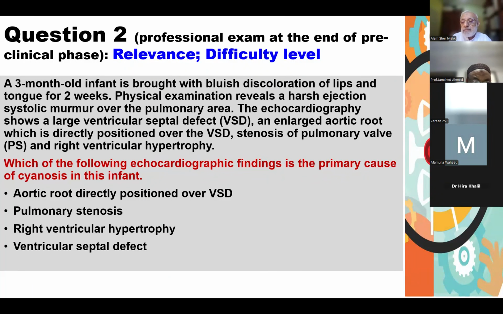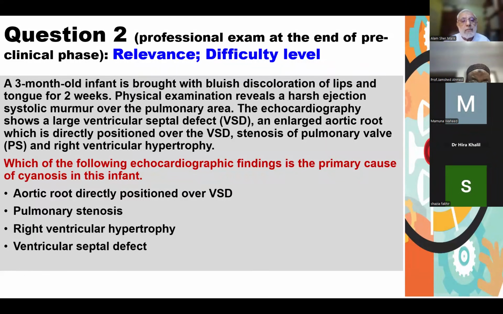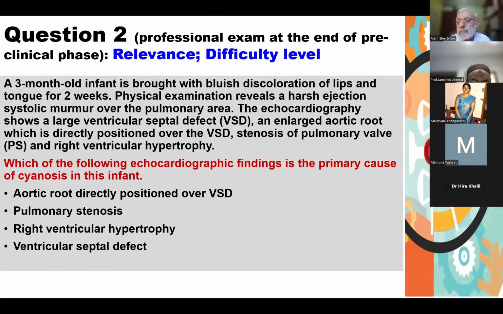Again, let's see the relevance for an examination for a preclinical student going to the clinical phase. Would it be relevant for them? Yes, very much. And at what level of relevance? You would put it in essential, right?